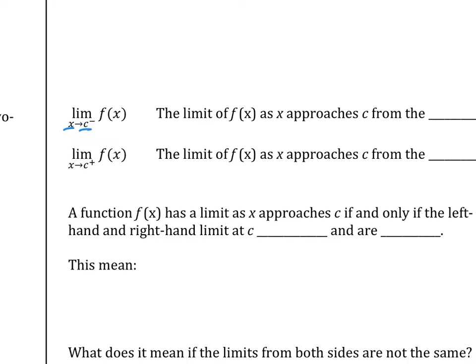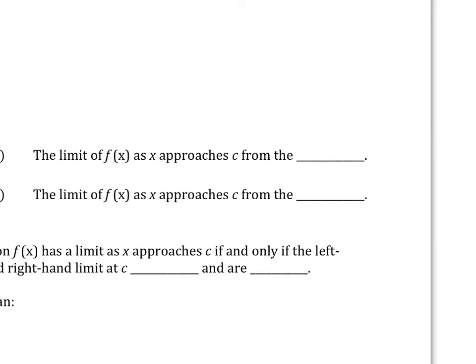Now when you're talking about a graph going to c, there are two sides. Are you going from the right or from the left? And that negative means from the left. So this is the limit of f of x as x approaches c from the negative side, or from the left side.